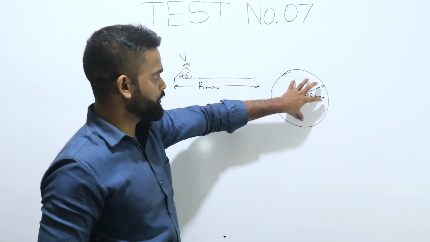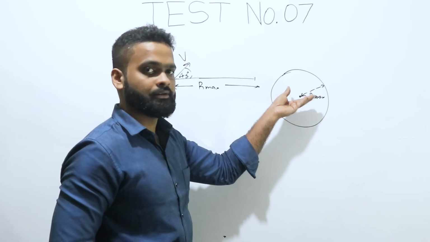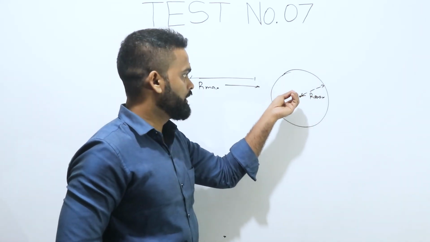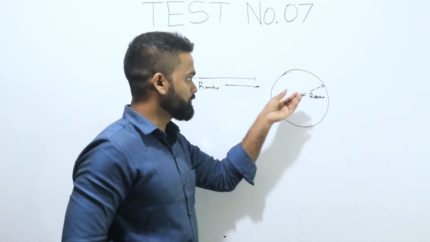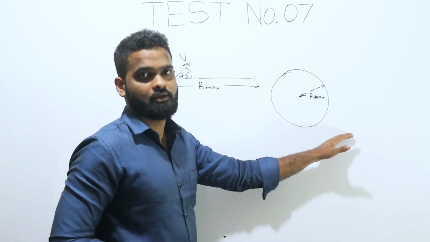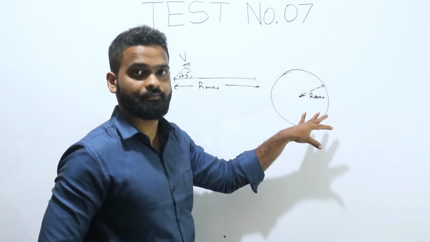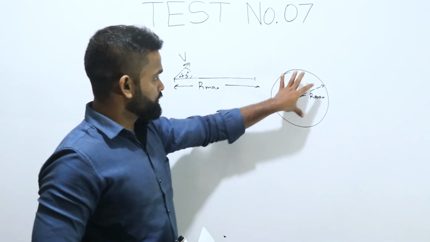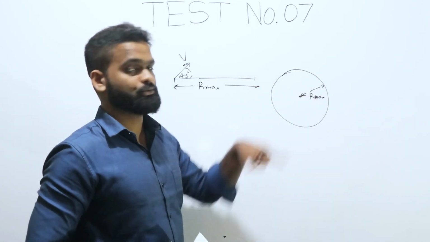So any point within this area, there's a possibility for a bullet to land. Out of this area there cannot be a bullet landing. So you just have to find this area. First let's find the R max value.